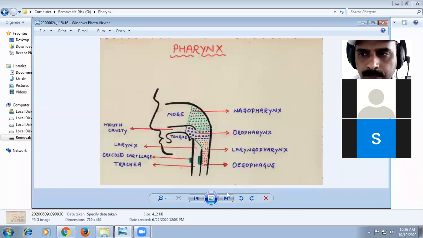Very important nowadays, you have the coronavirus infection. The coronavirus infection enters through the nose, through the nasal passage and the nasopharynx. It remains first 3 to 4 days in the nasopharynx. Here you take care, so that you do not extend the infection.